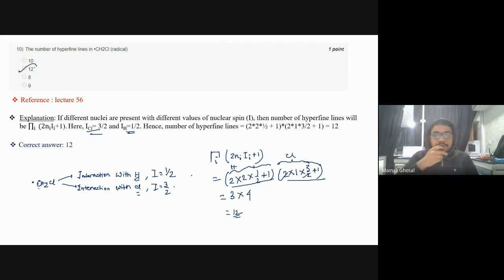Okay. So this is the discussion of ESR spectroscopy and some problems regarding ESR spectroscopy. I have also discussed why, for the hydrogen atom, more lines are possible but you only get a double line, okay?